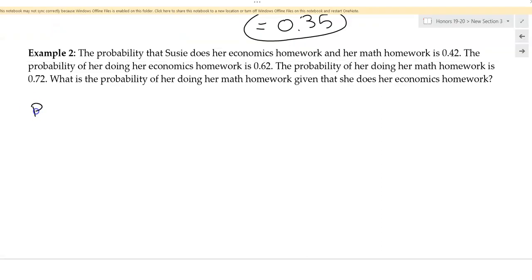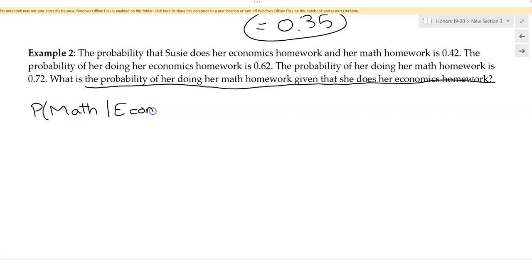So the probability of math given economics. I'm abbreviating.